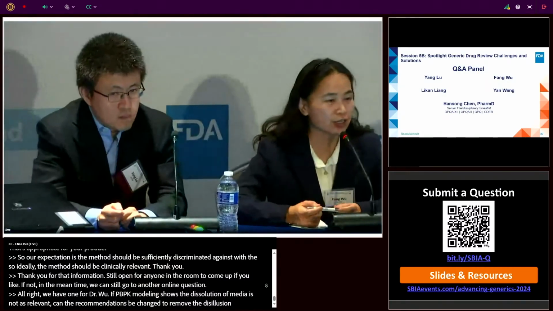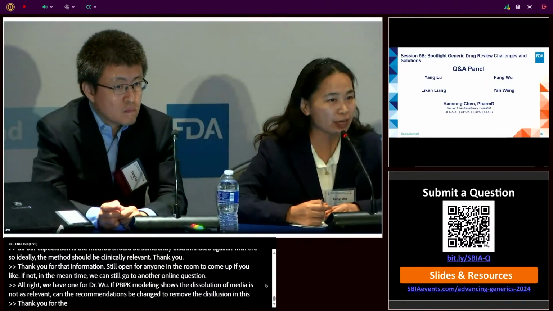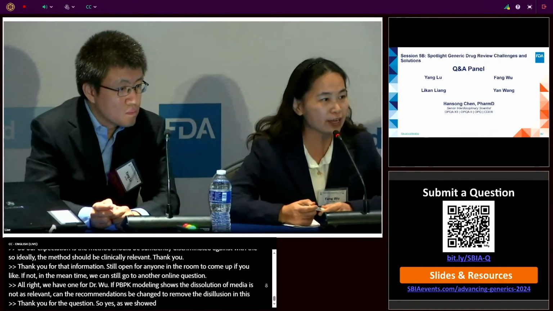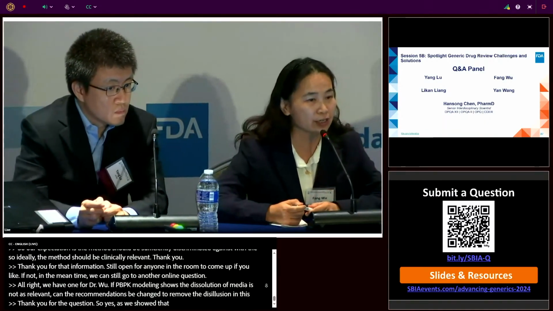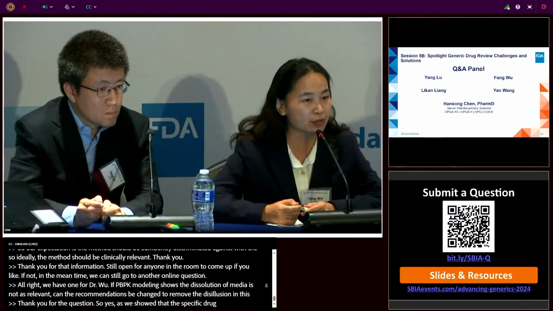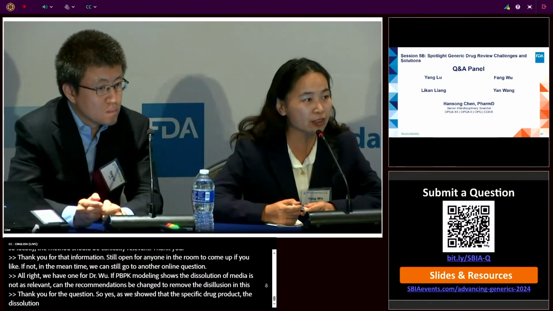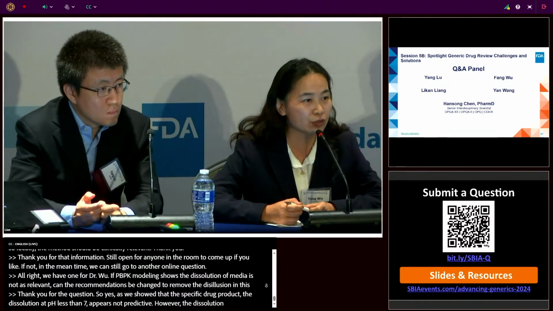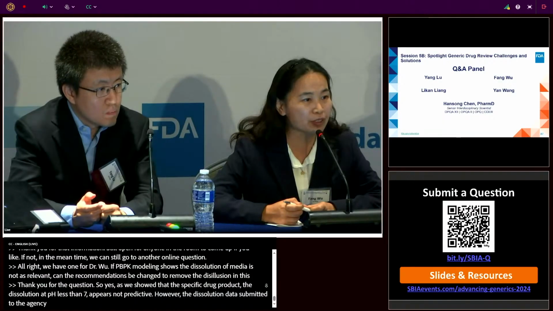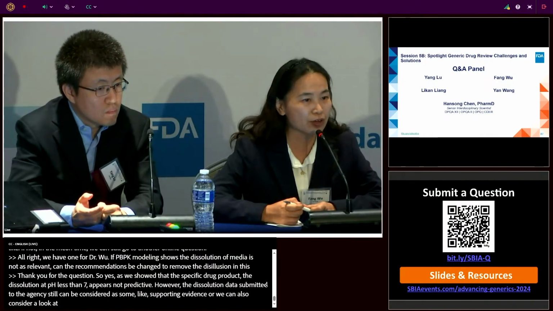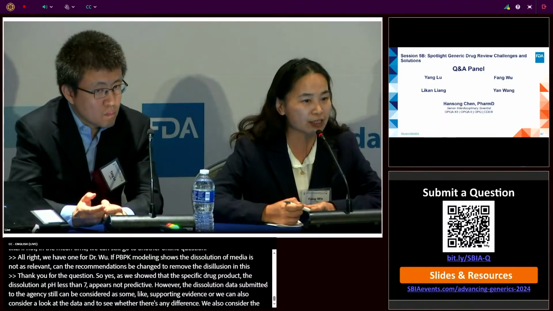Thank you for the question. So yeah, as we showed for the LEADA and this specific drug product, the dissolution at pH less than 7 appears not to be predictive. However, this dissolution data submitted to the agency can still be considered as supporting evidence, or we can also look at the data to see whether there's any difference, and also consider the release mechanism of this drug product.